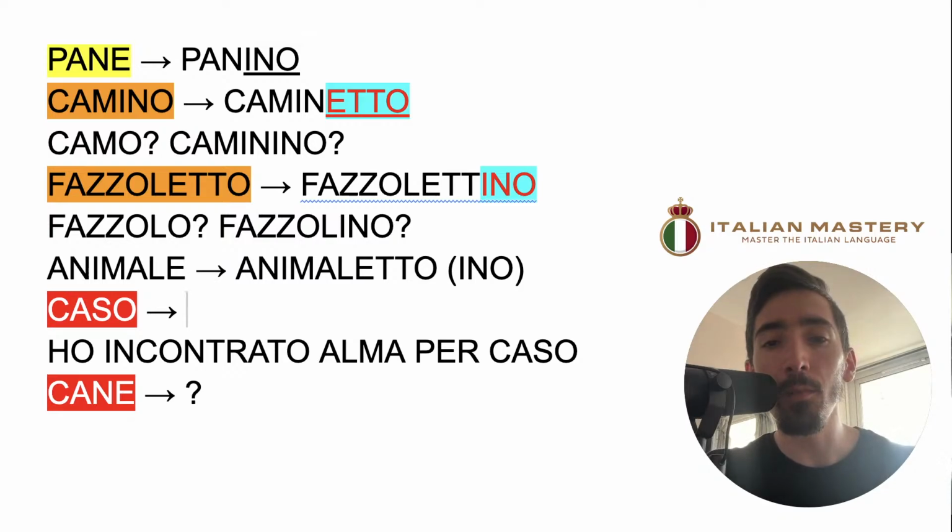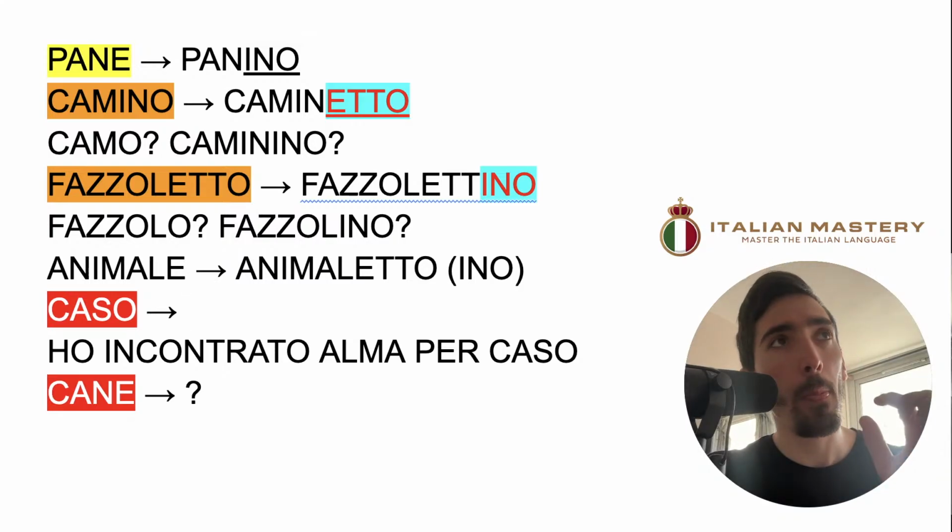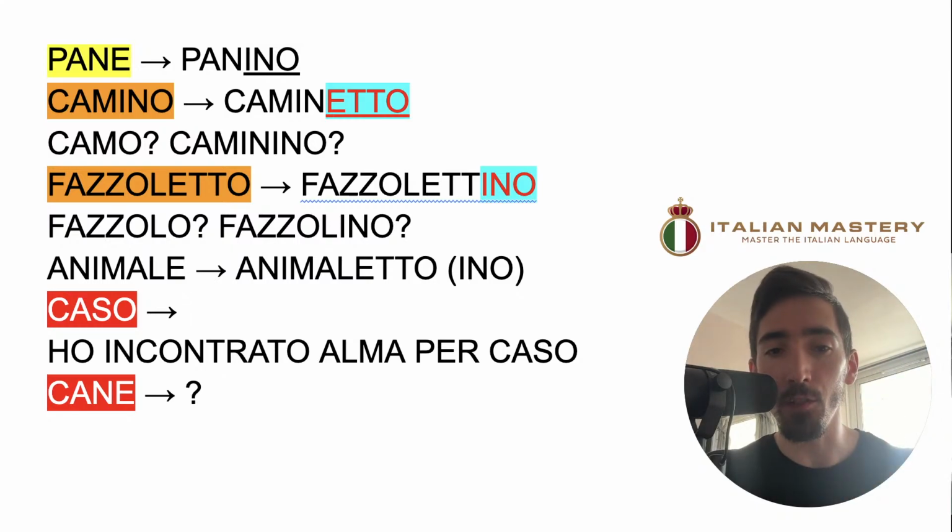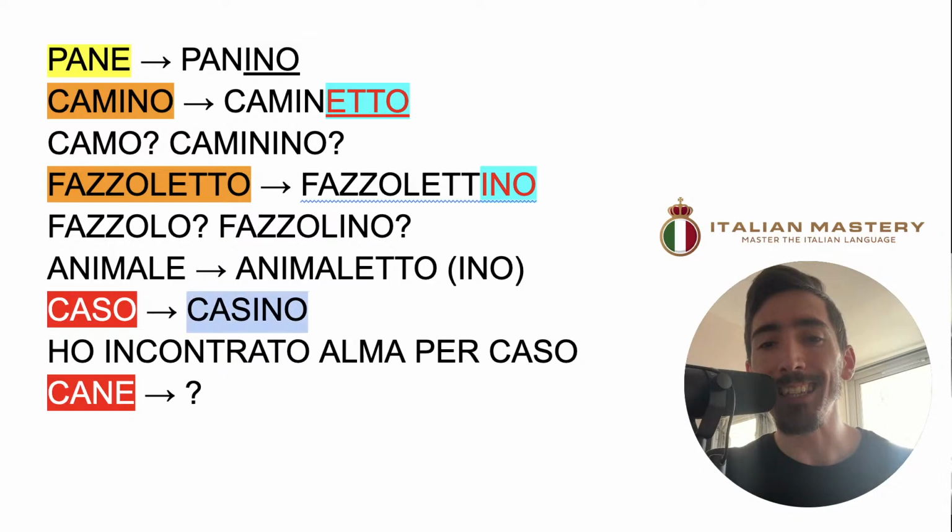Now, what about putting the INO ending to it? First of all, what's the point? I mean, is there a small chance, so we put INO? Okay. We do it, and we end up with another word, casino.